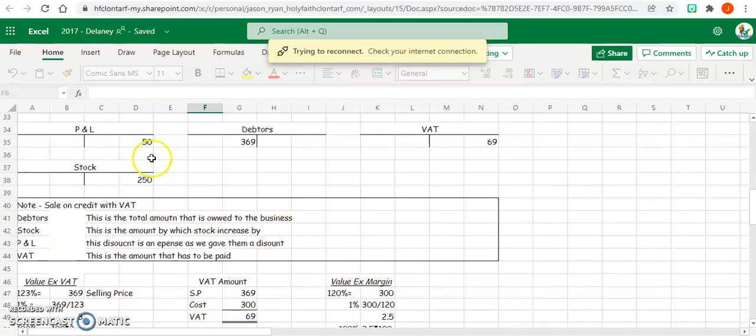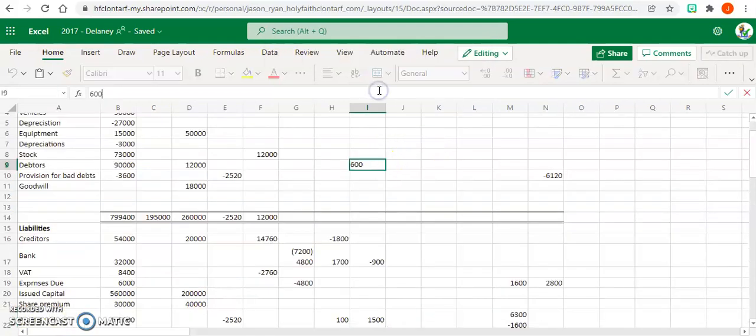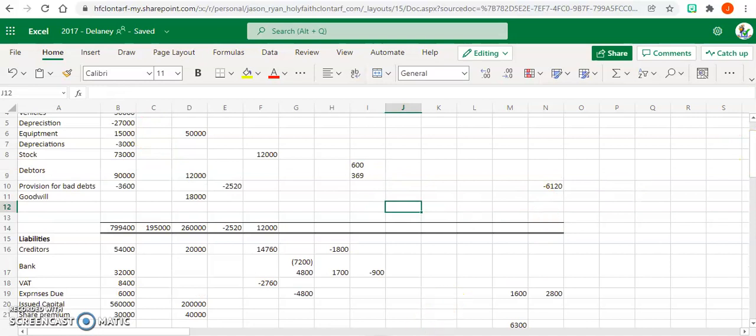So the profit we made is going to increase our profit by 50. Our debtors are going to increase by 690. Our VAT is a liability, so that's going to increase by 69. And then your stock then is an asset, it's going to decrease by 250. So if we put these into the trading account or into your tabular statement and we see what we have. So your debtors are going to be 690. Okay, so the next one then.